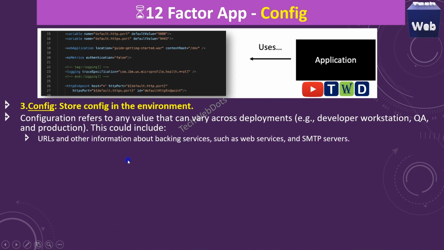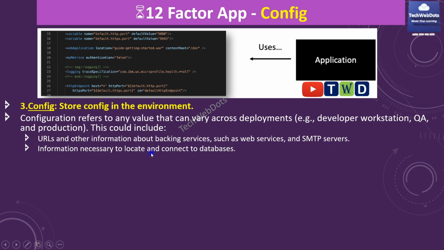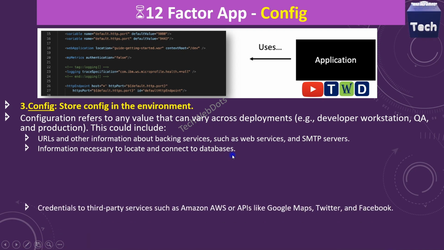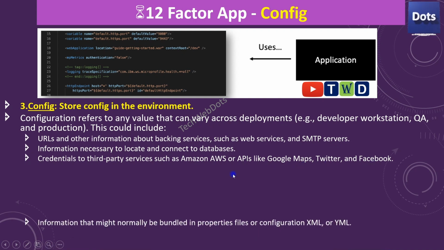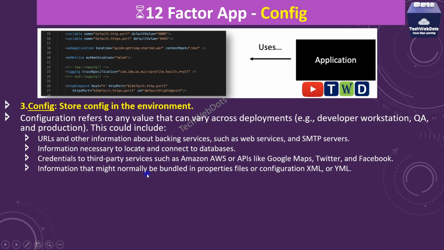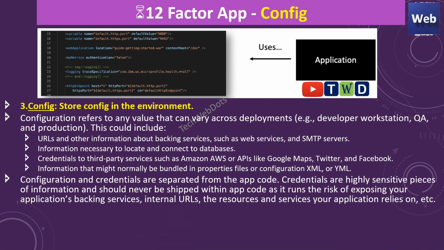This could include URLs and other information about backing services such as a web service or SMTP service, or let's say a MySQL service; information necessary to locate and connect to databases; credentials to third-party services such as Amazon AWS, or APIs like Google Maps, Twitter, and Facebook; and information that might normally be bundled in properties files or configuration XML or YML, yet another markup language. So we can mention all these things in our configuration files.